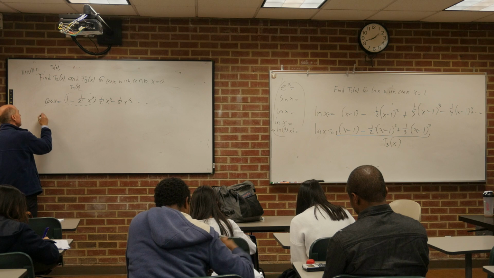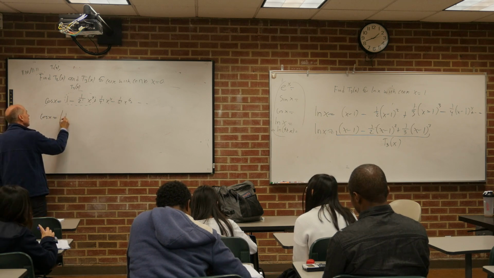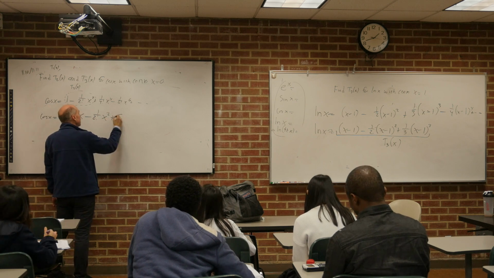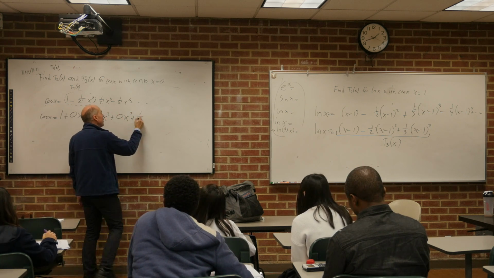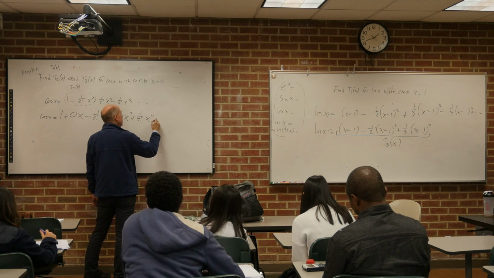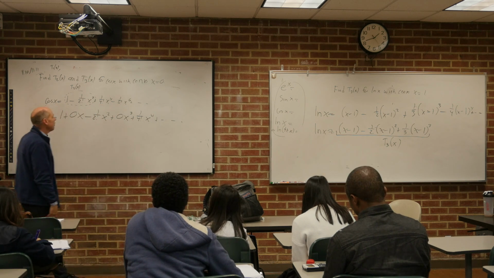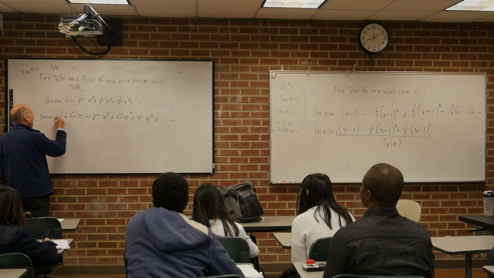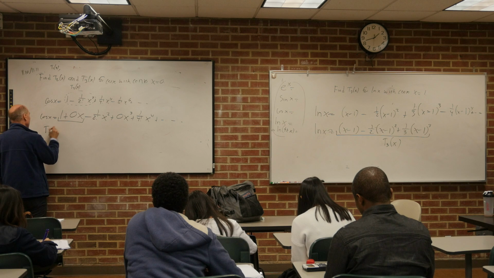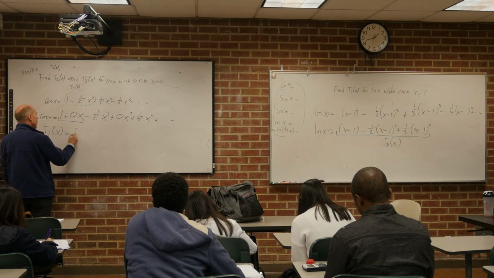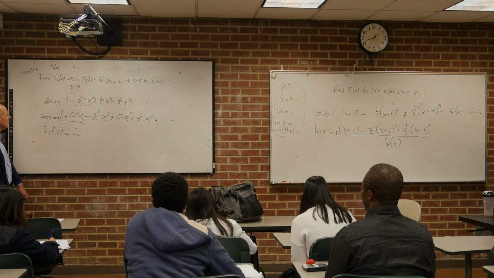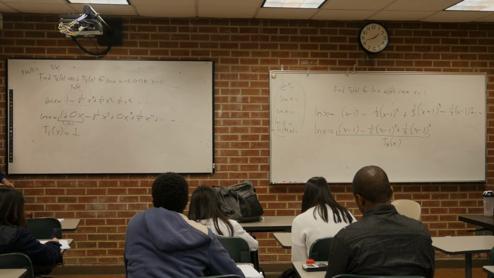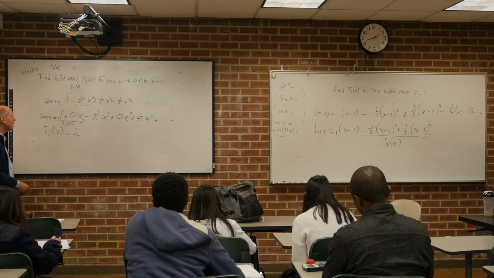A couple of things. Let me write this out the long way. So that's what it's going to look like if all the zeros are there. T1 of x is 1 plus 0x, which is just 1.